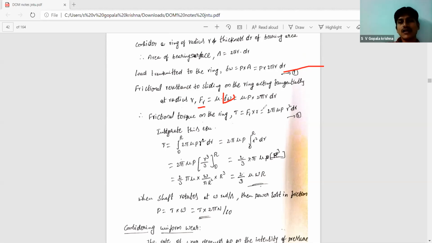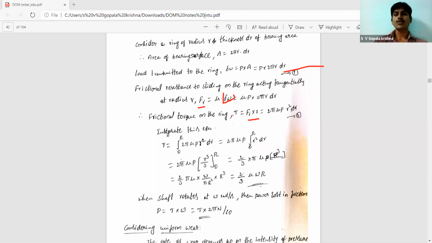So the frictional torque is Fr into r. The Fr value was already calculated earlier: 2 pi mu p r dr, and the radius is the perpendicular distance, r. So the total equation is 2 pi mu p r square dr. This is the frictional torque on the ring.